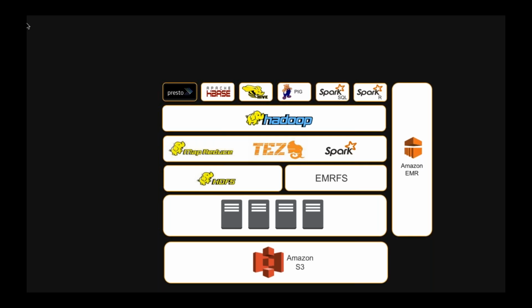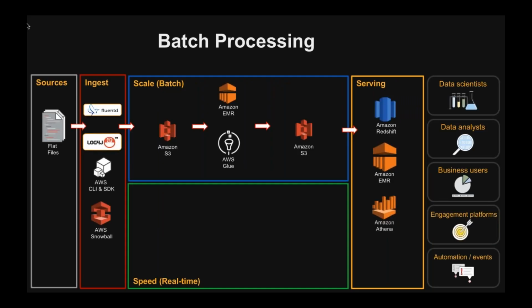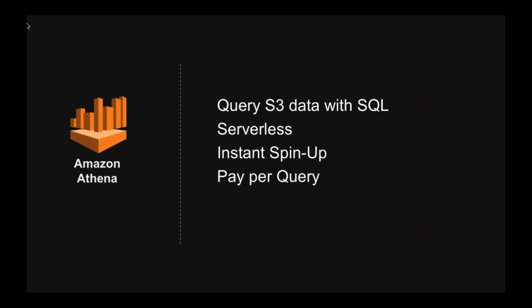So we saw this became a common pattern with customers that were spinning up clusters to use Presto to then access their S3 data. And so again, we thought, well, maybe that lends itself to a managed service. So that's what we did. We introduced Amazon Athena, which is built on Presto, so it's Presto underneath, and it gives you that SQL access to your S3 data.